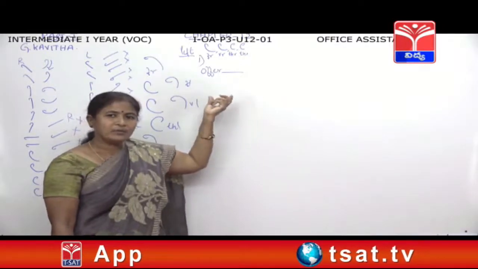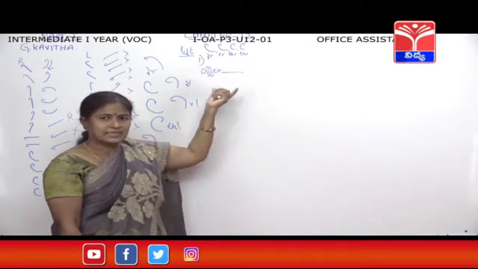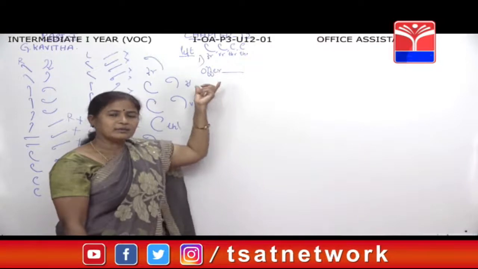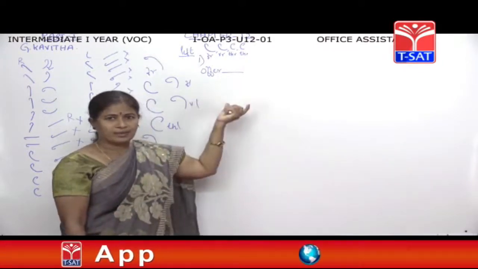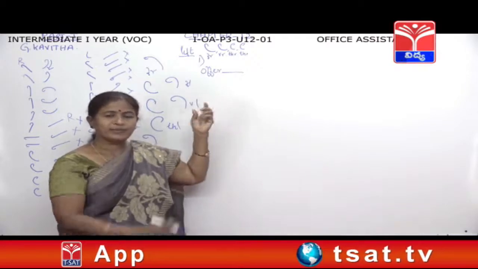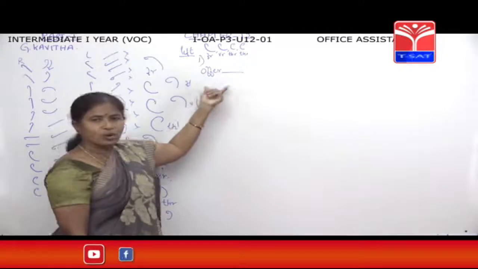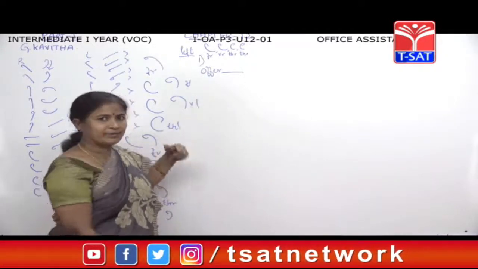O is a vowel which is coming before fur. So we use left forms. Standing alone means no other strokes should be there, only fur. Then we write the left form. If a vowel comes before fur, we write left forms. So offer, standing alone and preceded by a vowel, we use left forms.